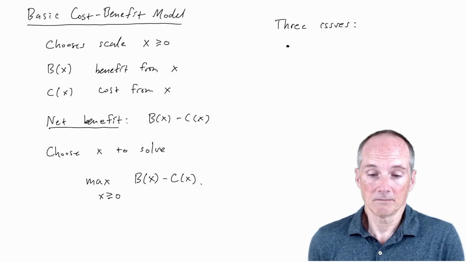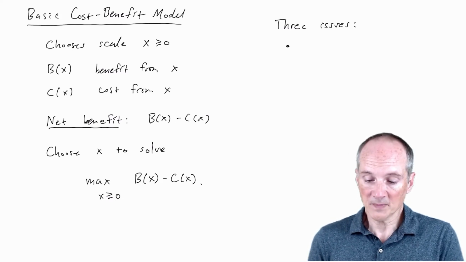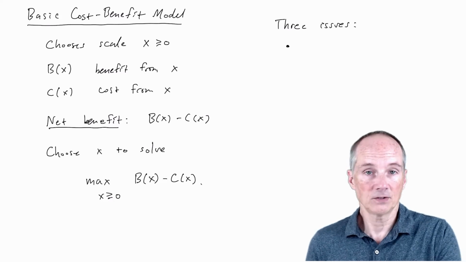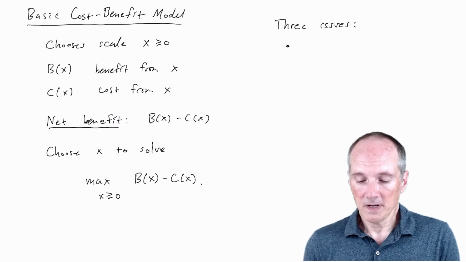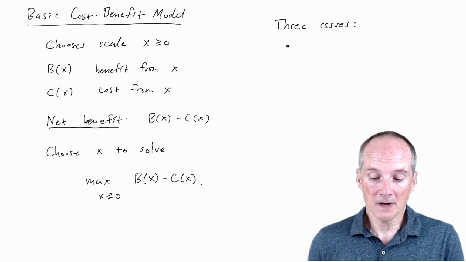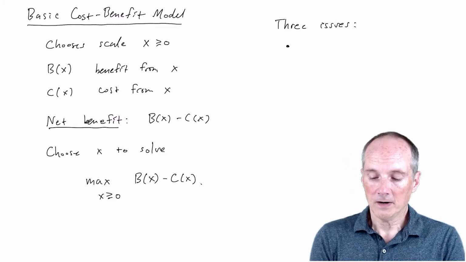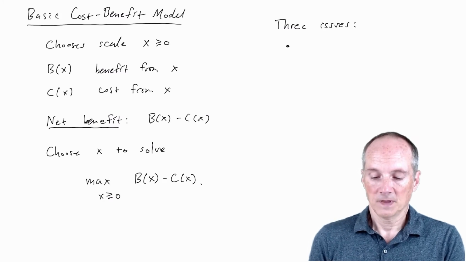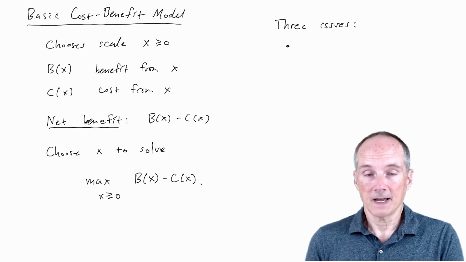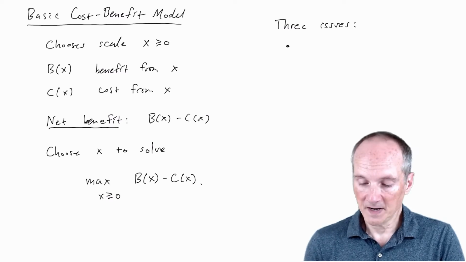You're solving this optimization problem to see what they should choose. A different use of this model would be to use it in a positive or predictive way, where you predict that the decision maker chooses X in an optimal way to maximize net benefit.